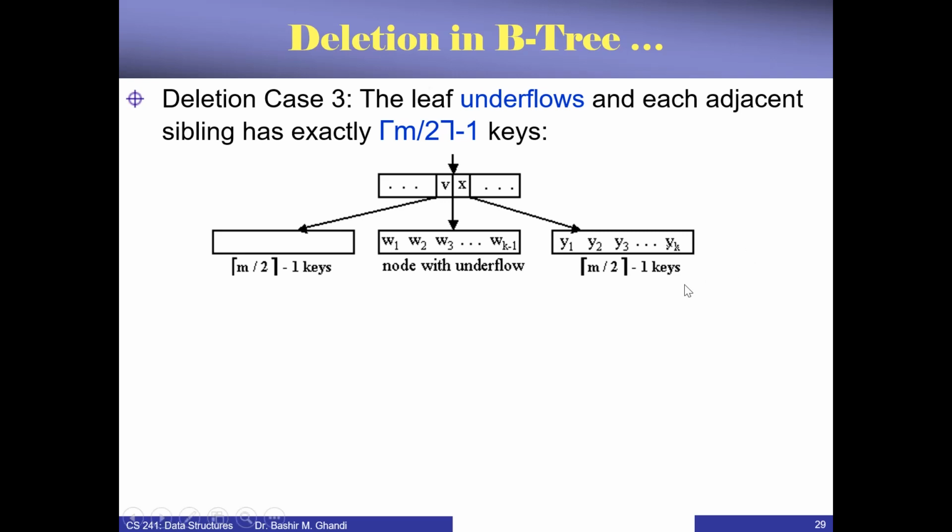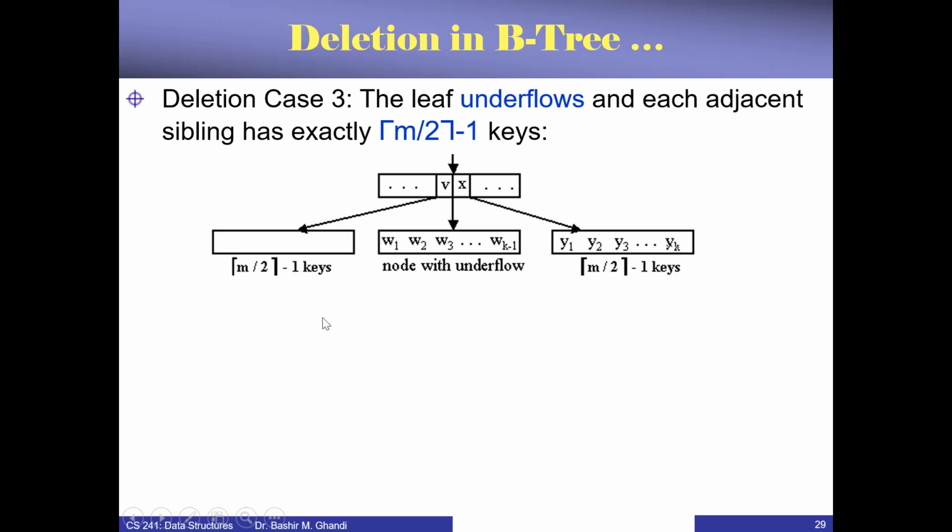In that case, you have to do what is called merge. Okay, so this is the situation. This node, if you delete from it, it will underflow. The right sibling has exactly the minimum number of keys, and the left sibling has exactly the minimum number of keys.